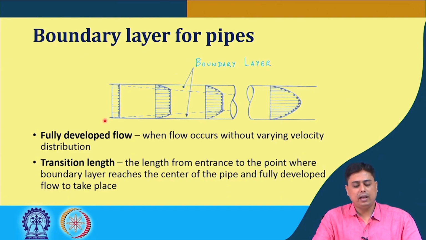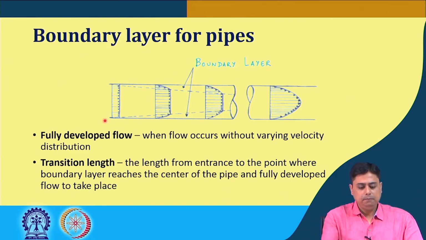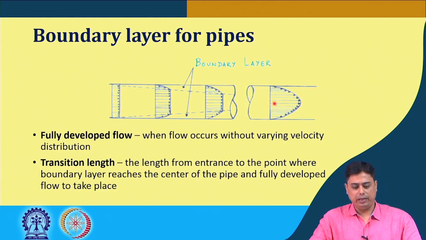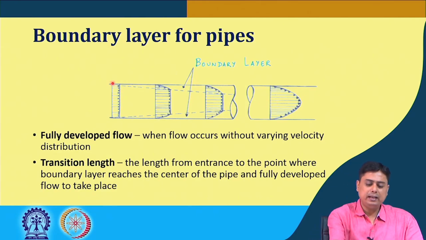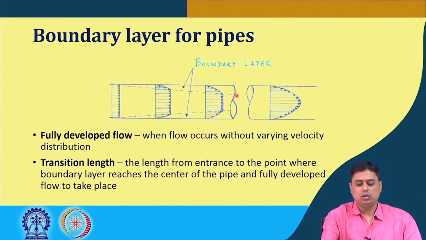When it comes into the pipe, there is the development of the boundary layer. As soon as it enters, the boundary layer starts to form and its thickness grows. This initial part of the pipe is the certain length that is required to develop the boundary layer to a fully developed region.